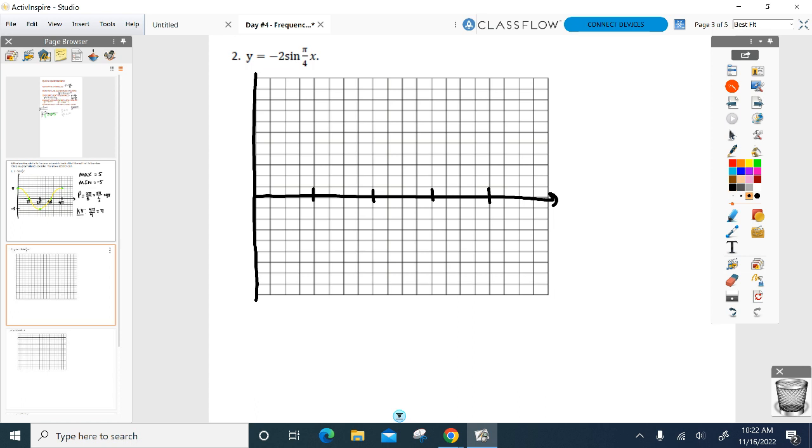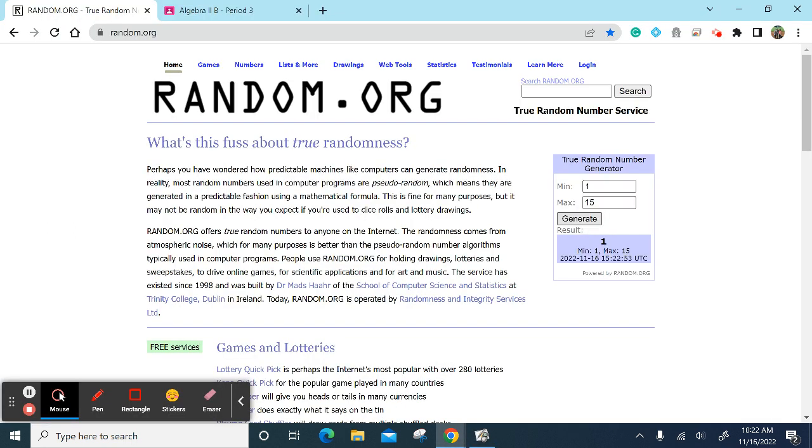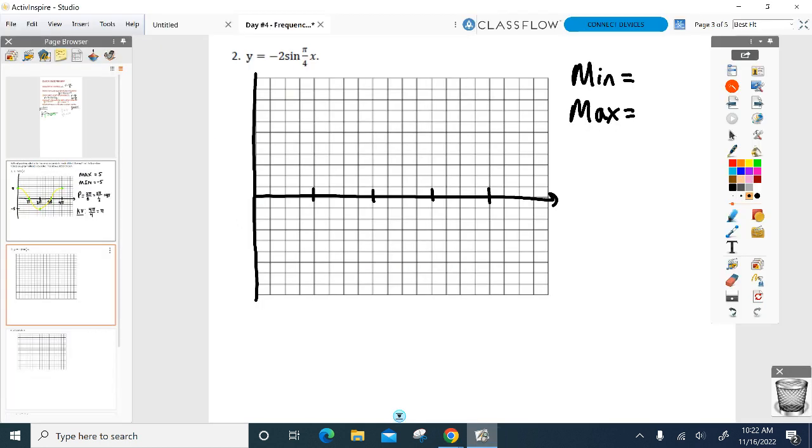Ready? Y-axis. Min, max, midline. All right, who's going to share those values with me? Minimum, -2, maximum, 2, midline, 0.